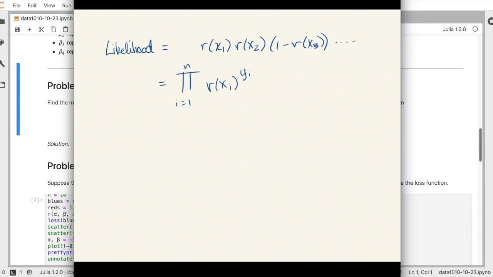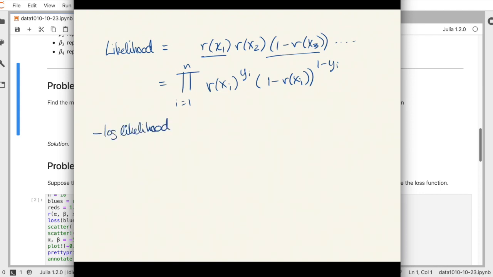And then likewise, we give ourselves a factor of 1 minus r of xi to the 1 minus yi. And that's the same idea. One of these two factors is going to be 1 and won't contribute to the product, and the other factor is going to be the part that we want, either r of xi or 1 minus r of xi, depending on whether it's a positive example or a negative example.